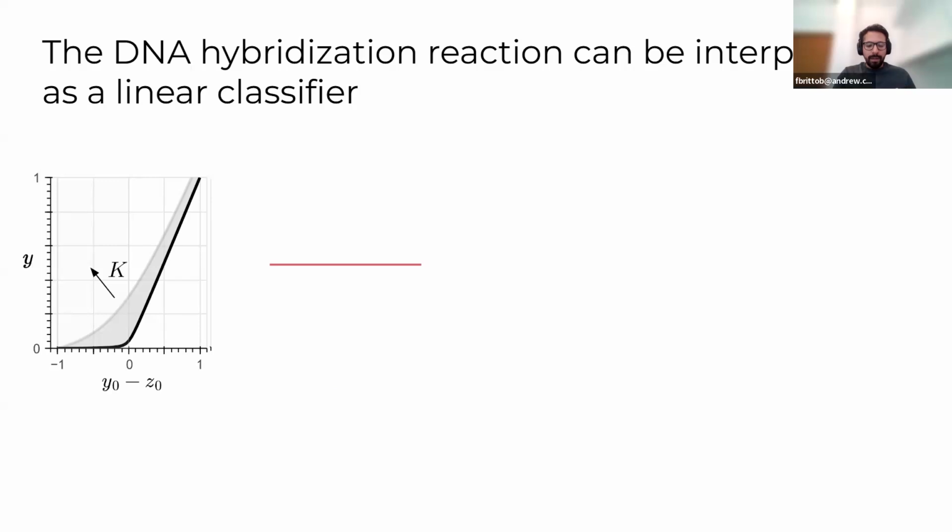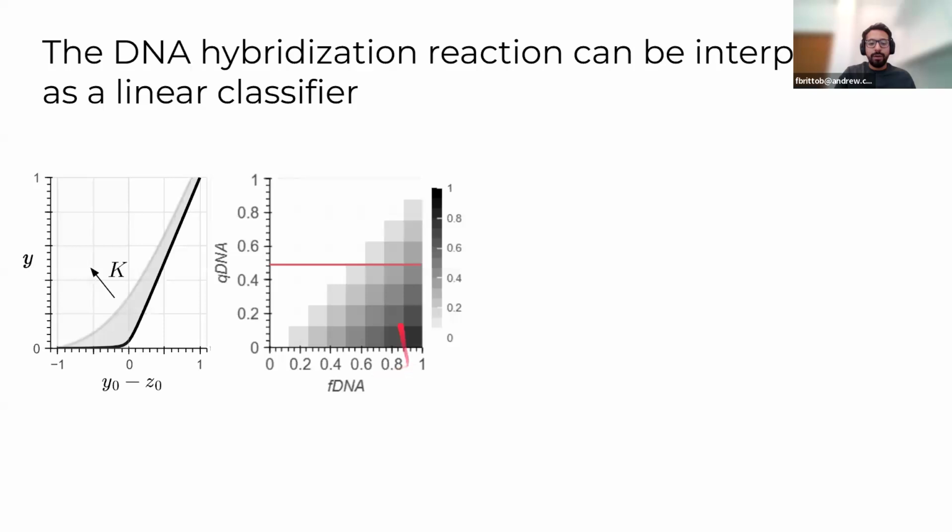Let's say now that we think of a titration experiment. We consider different initial concentrations of fDNA on the horizontal axis and increasing concentrations of the quencher DNA on the vertical axis. We could come up with these heat maps. And this sharp transition in color, I know that the resolution here might not be that high, but this transition in color is what we call a decision boundary.